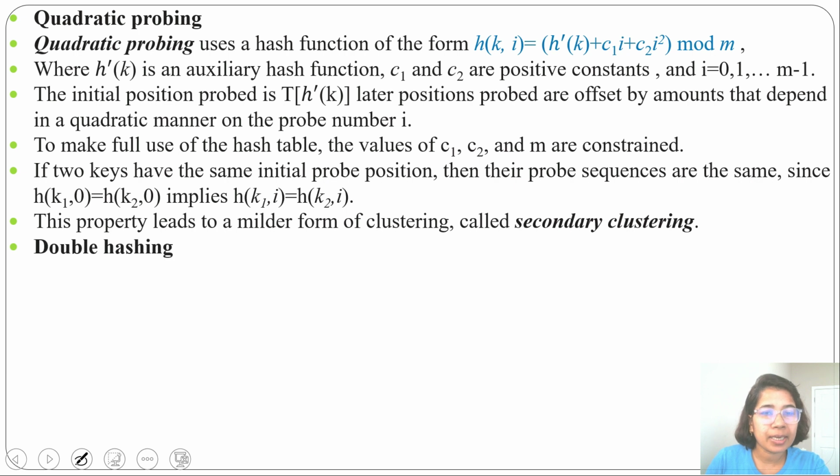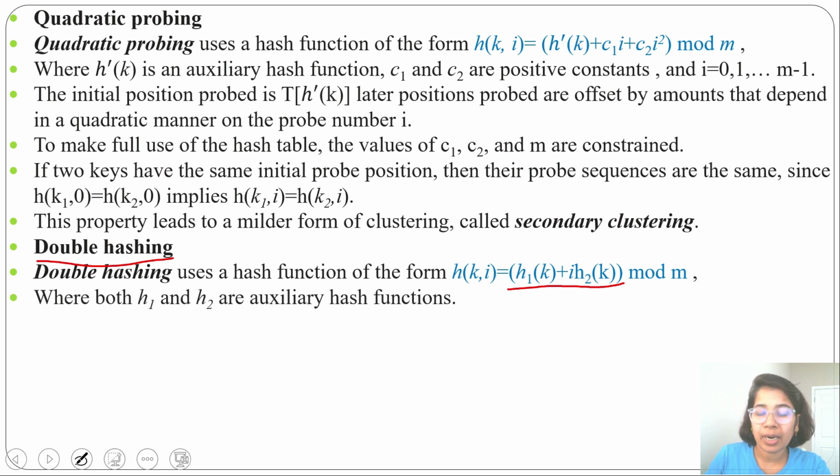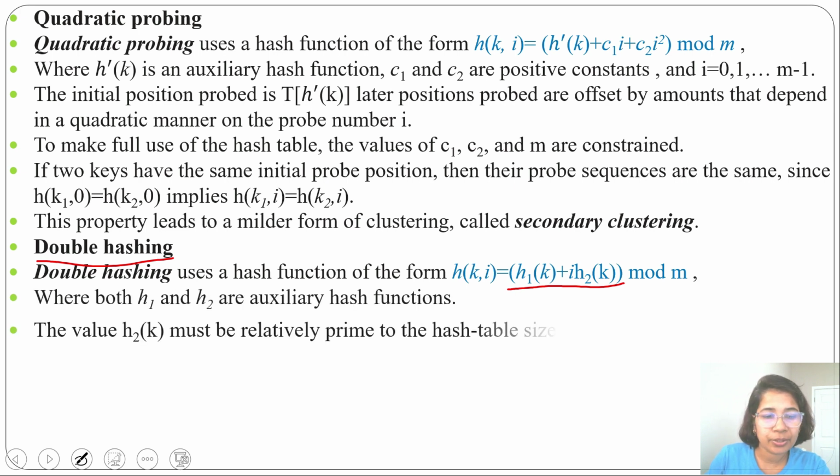Next is double hashing. For double hashing, the hash function is h(k, i) = (h1(k) + i·h2(k)) mod m. Due to these two hash functions, the name is double hashing. Both h1 and h2 are auxiliary hash functions and the value of h2(k) must be relatively prime to the hash table size m.